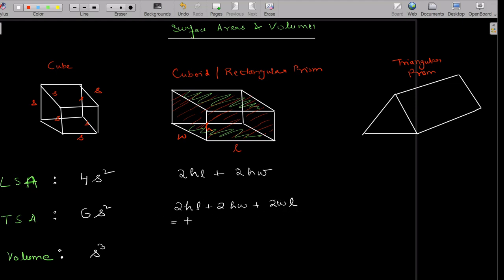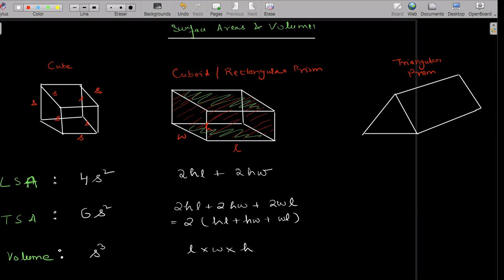This can also be written as, you factor out 2, so you get h times L plus h times W plus W times L. Volume is given by length times width times height.